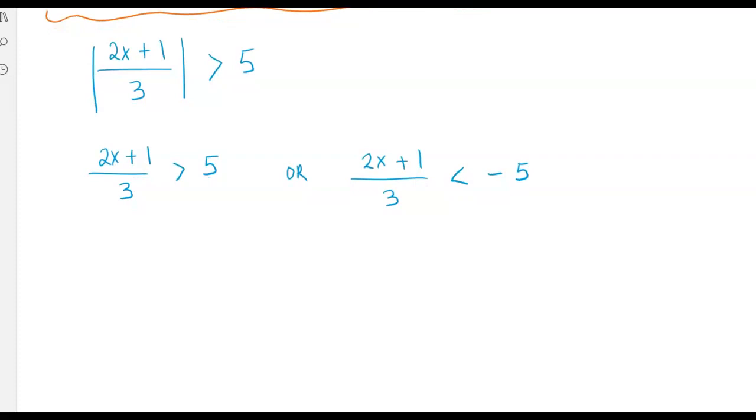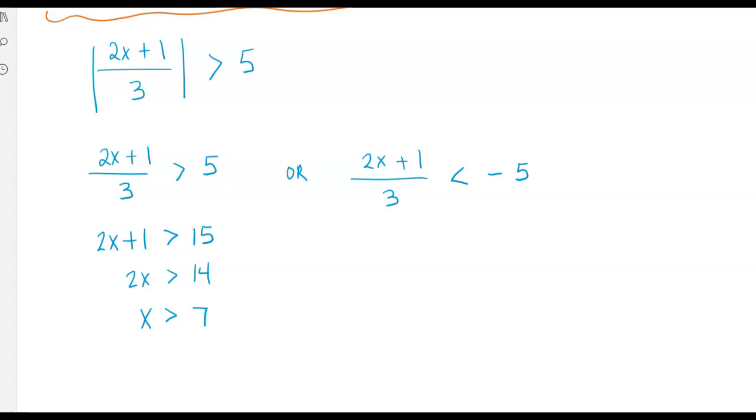Like we were looking at in the last video, to solve an expression like this, it's helpful to clear denominators. So if I multiplied both sides by 3, I'll have 2x plus 1 greater than 15, 2x greater than 14, and x is greater than 7.